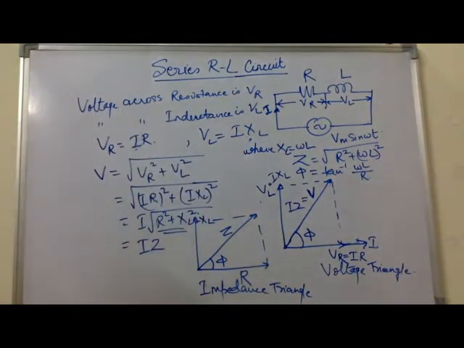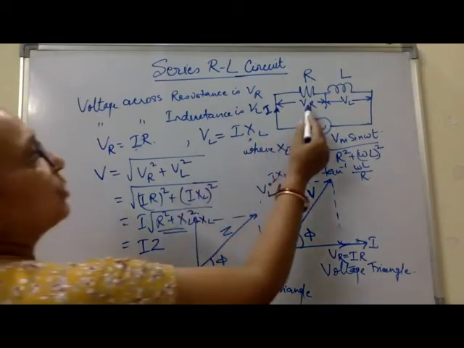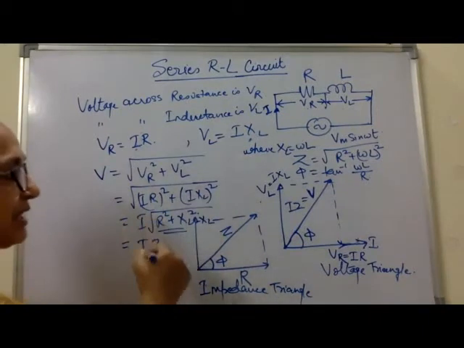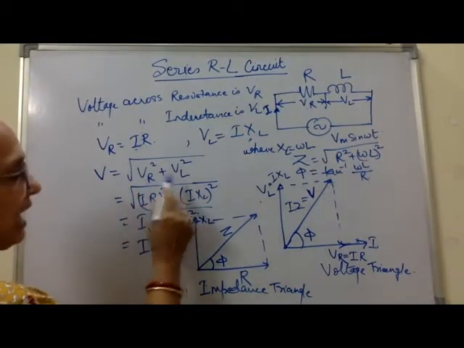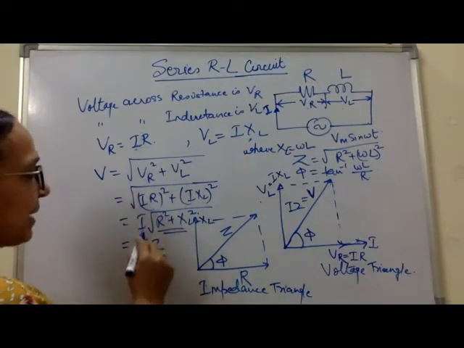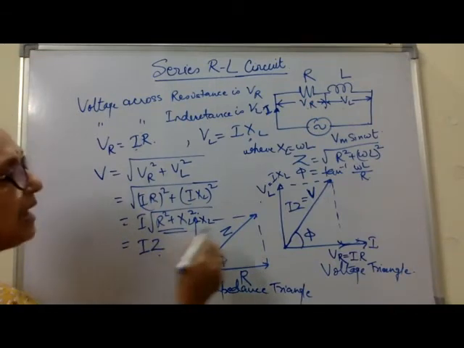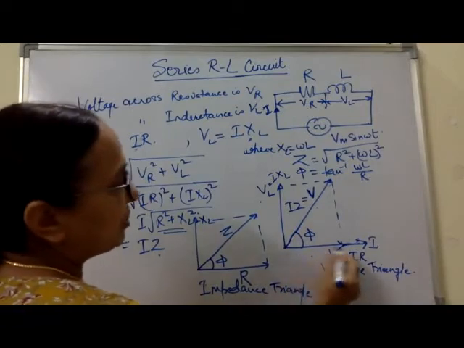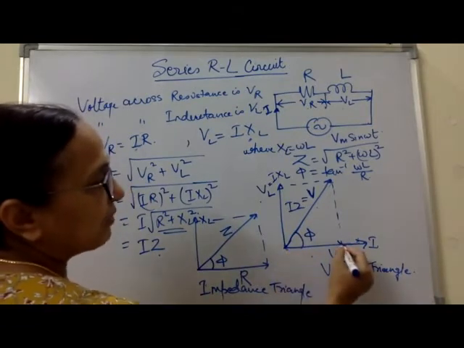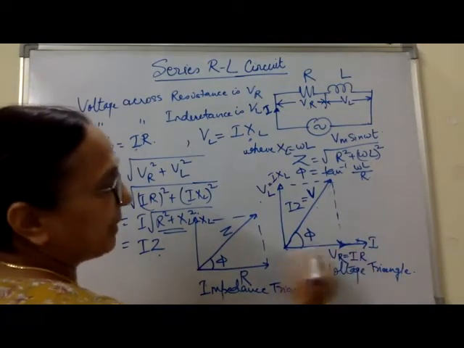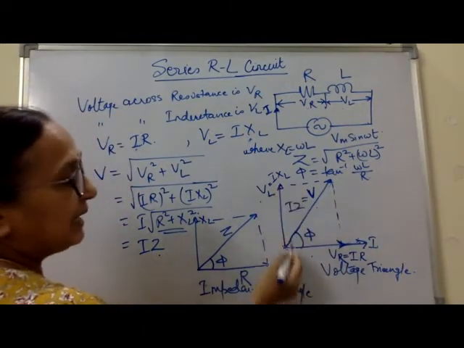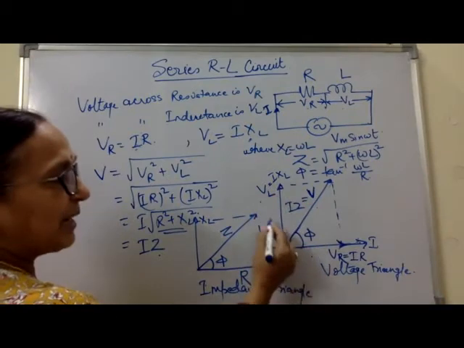Because it's not a simple addition, it's the vector addition of the voltages VR and VL, and therefore we have drawn the phasor addition of VR and VL. So magnitude wise it becomes I into Z, and that has been taken for the drawing of the phasors. So when you take the phasors, the voltage across the resistance will be in phase with the current. The voltage across the inductor will be leading the respective current by 90 degrees.